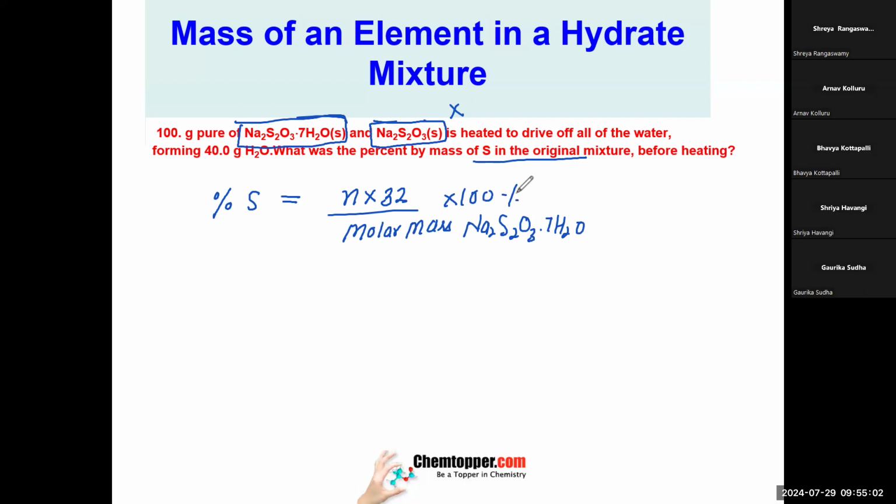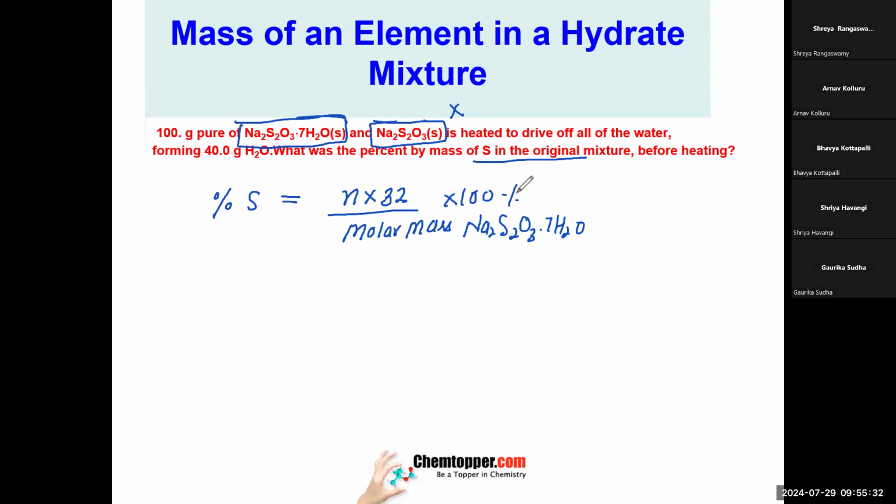Can you work out this question, children? Get the percent of sulfur. What is N here? N is 2. Very good. Because it is the number of sulfur atoms in the formula unit. Just plug in all the values. Plug in the molar mass of Na2S2O3 with 7H2O and get the percent composition.